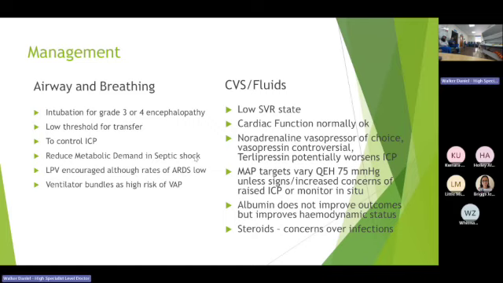Albumin doesn't improve outcomes, but we'll throw it around. It's one of the areas we're still allowed it with acute liver failure, so use it. Don't routinely use steroids unless it's autoimmune hepatitis, because of the risk of infections.